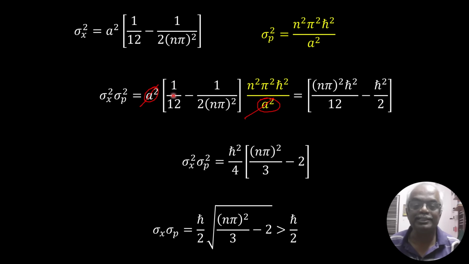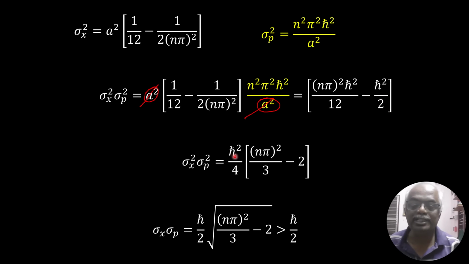Now you bring this inside. Then the first term will become n squared pi squared h cross squared over 12. The second term, here you have n squared pi squared, here also you have n squared pi squared, which will get cancelled, and you will get only h cross squared over 2.